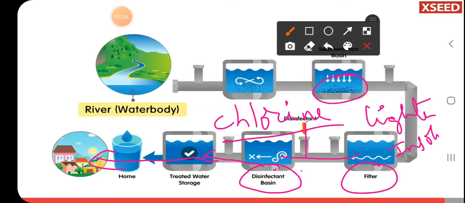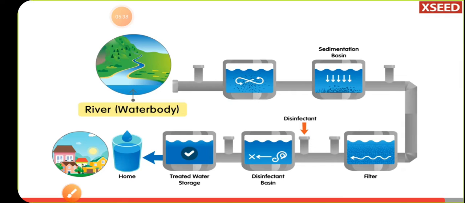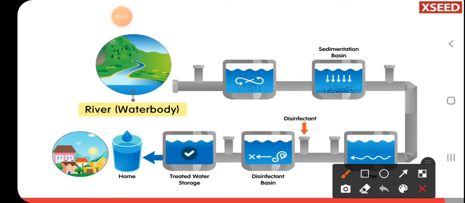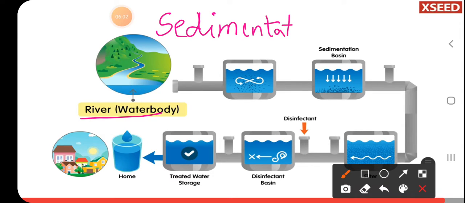Now let us write the flow chart of the different combination of methods involved in water purification. First and foremost is collection of water from the water bodies. Then sedimentation is followed. Once the sedimentation is done, the next step is decantation.